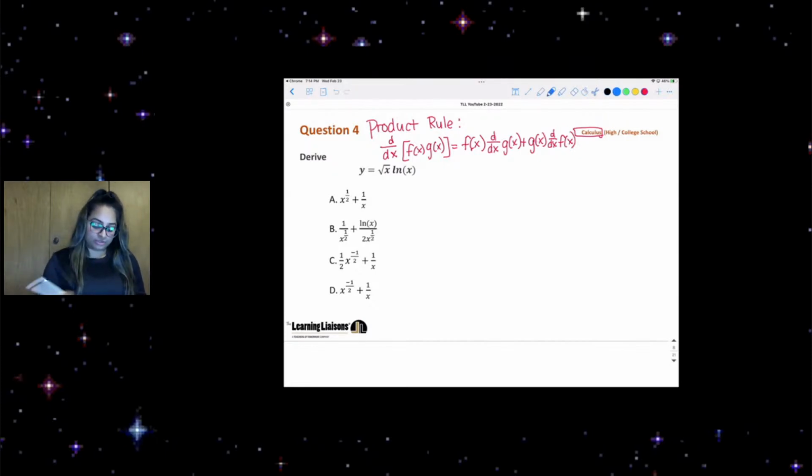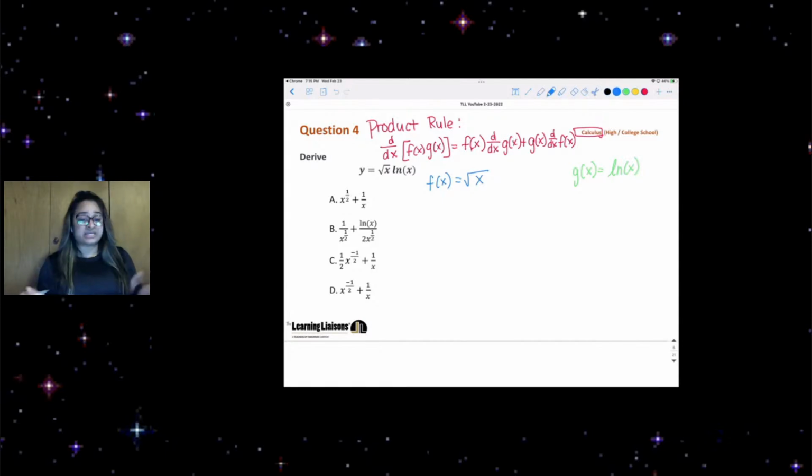Okay, but how do I know which one's which? You just give the first one f of x, and you give the second guy g of x, and then you work from there. So my f of x in this case is going to equal the square root of x, and my g of x in this case is going to equal ln of x.